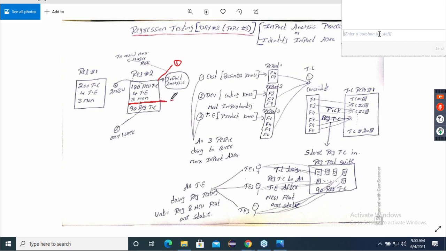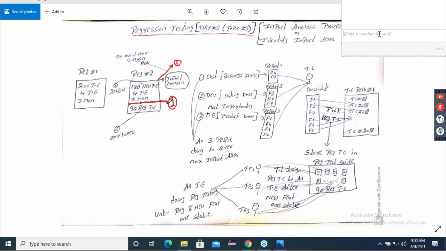Can anyone tell me, first stage means which stage? When should I do the impact analysis, or when should I identify the regression cases? Stage 1 or stage 2? Stage 1 means when? New means what? Ali?